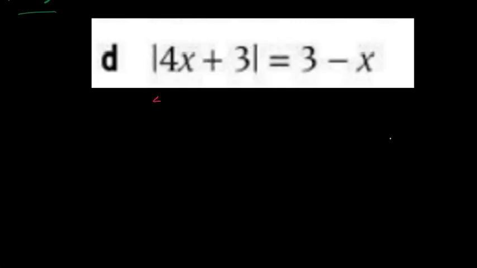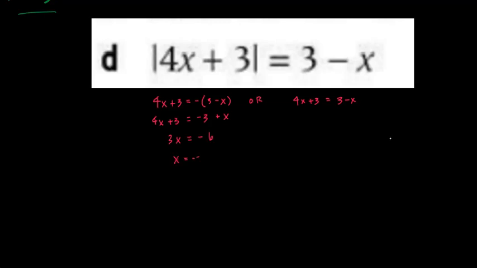Let's go ahead and split it up. 4x plus 3 equals negative 3 minus x, or 4x plus 3 equals 3 minus x. We have 4x plus 3 equals negative 3 plus x. 3x equals negative 6.